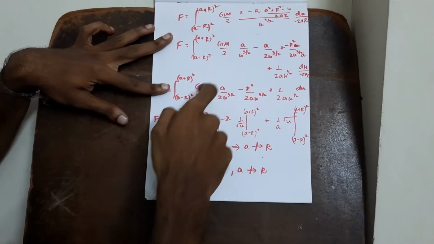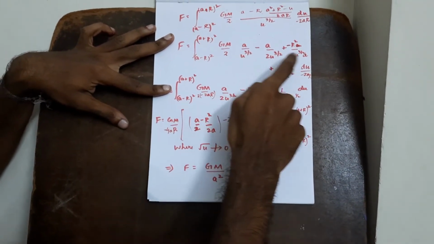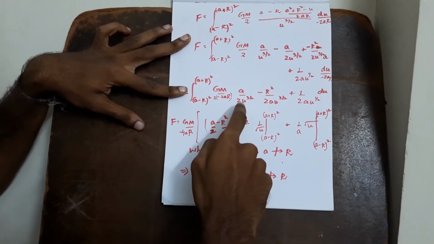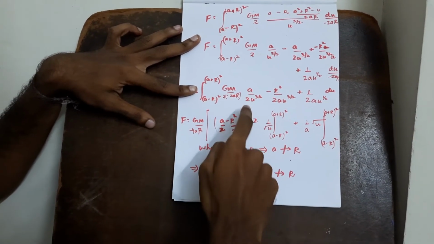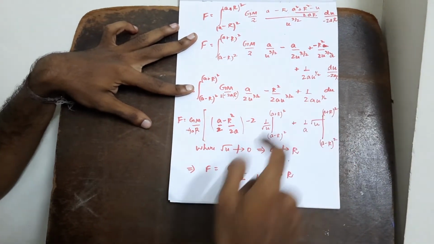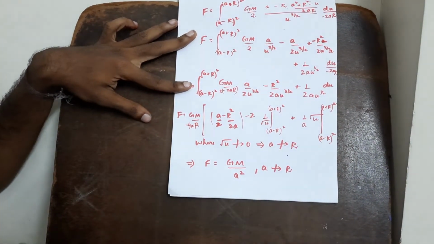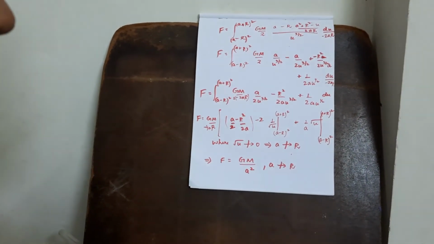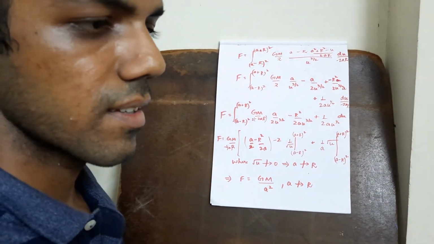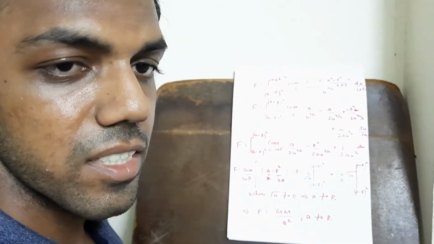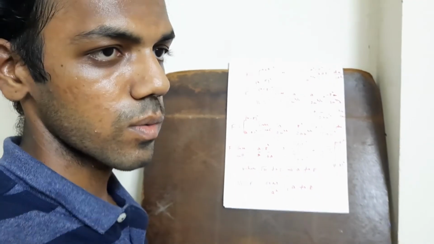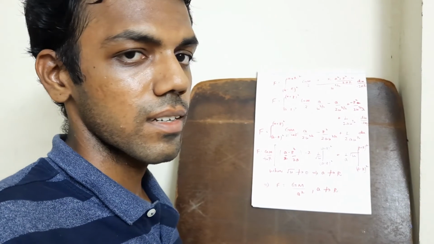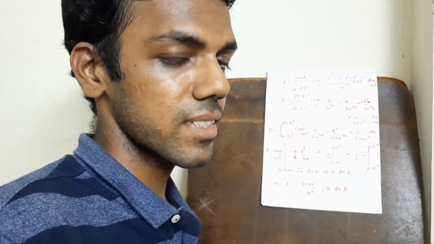And on the next step we get the consecutive terms, and while integrating 1 by u power 3 by 2 and 1 by u power 1 by 2, we will be using the previous integration where we showed that integral of 1 by root x is equal to 2 root x only when x doesn't tend to 0.